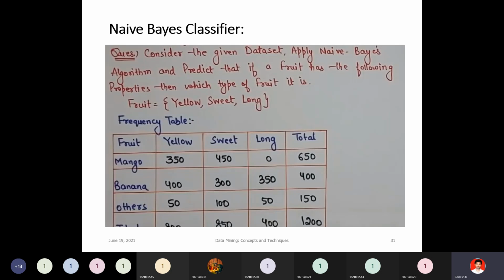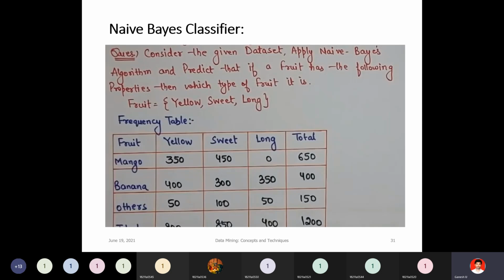Class A is mango, class B is banana, class C is others. You have to find which class it belongs to, whether it is a decision tree, naive Bayes algorithm or Bayesian belief, whatever it may be.